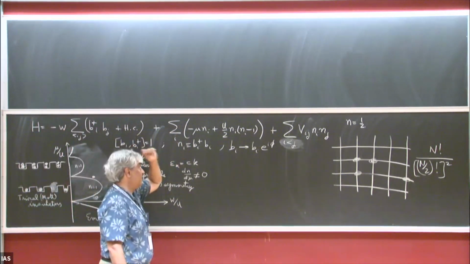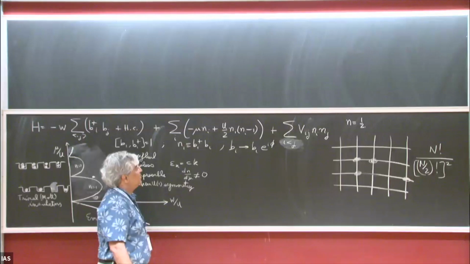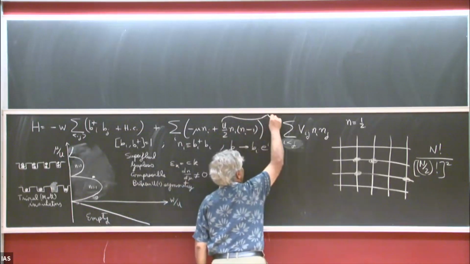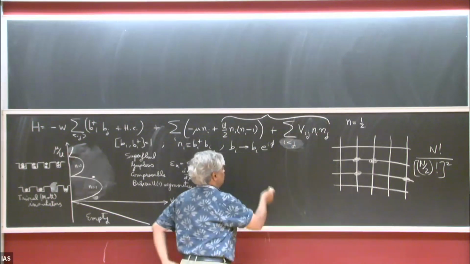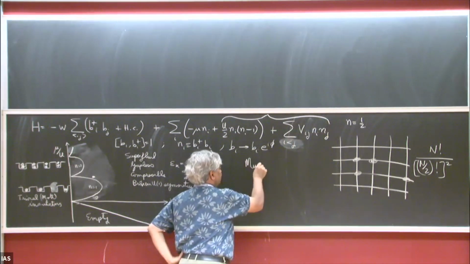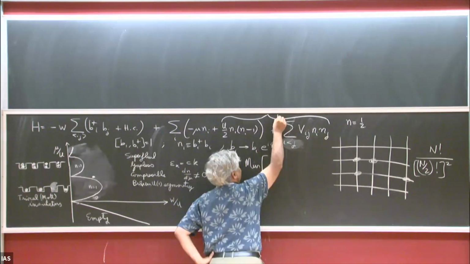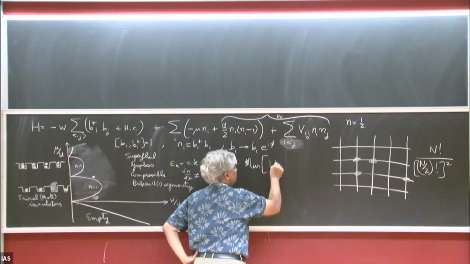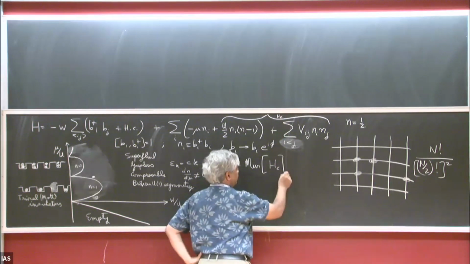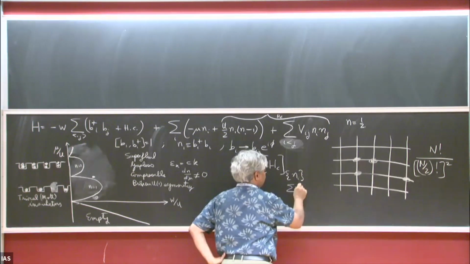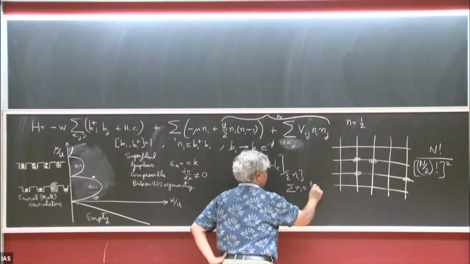Well, the ground state then becomes a classical problem. You take this energy here, and you minimize this energy. We call this the classical energy. And you minimize it over all possible integers n_i, subject to the constraint that the sum of n_i is n over 2.